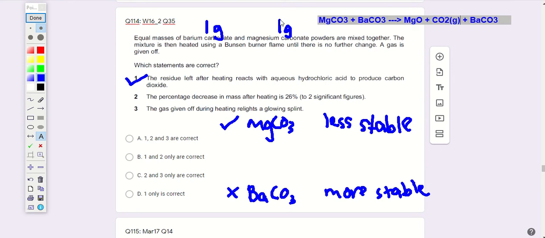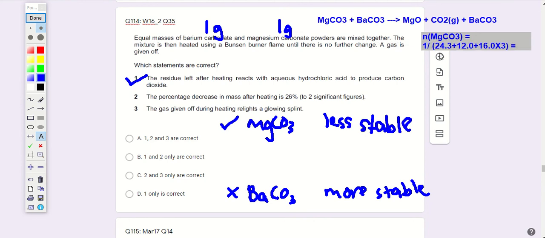So what I need to do is find the number of moles of magnesium carbonate. I assume that we use 1 gram. So 1 divided by 24.3 plus carbon is 12 plus 16 times 3.